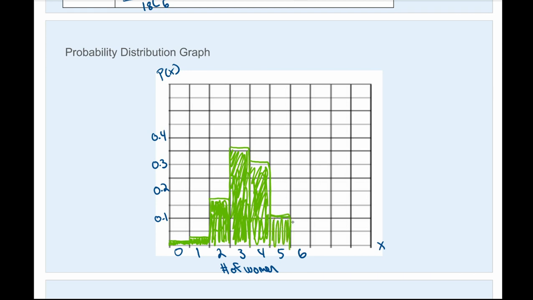And 6 was 0.01. Say somewhere down there. So again, that's roughly what my probability distribution graph should look like if I'm doing it by hand.